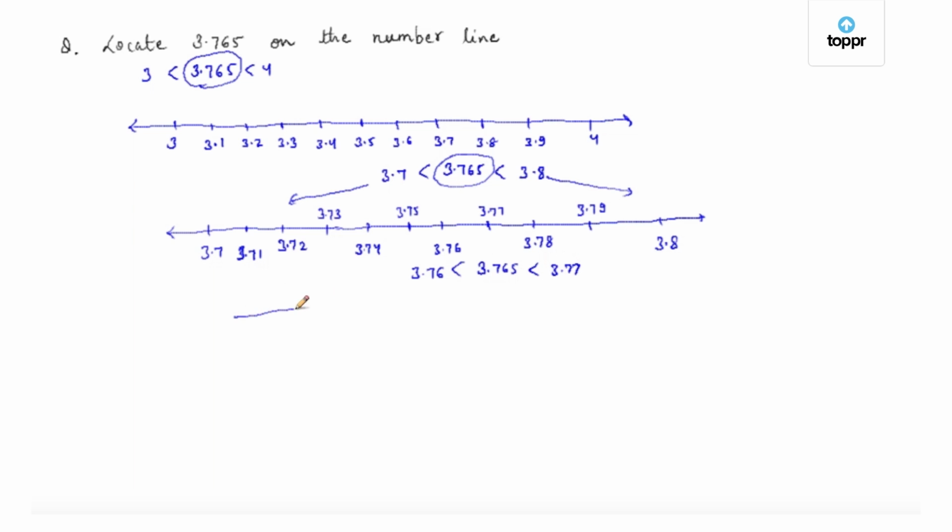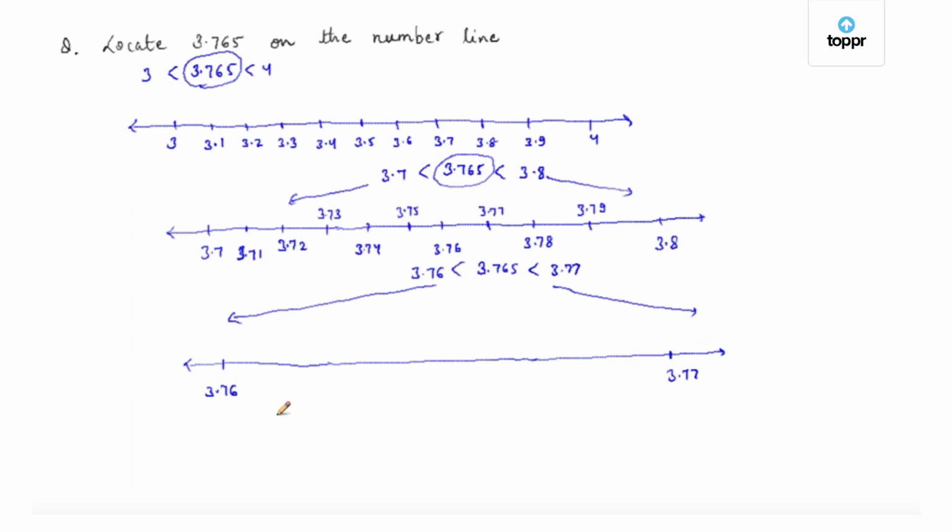So, we will again magnify the portion between these 2 points, with these being at the extremes here and here, and the portion between them will be divided into 10 parts: 3.761, 3.762, 3.763, 3.764, 3.765 and so on.